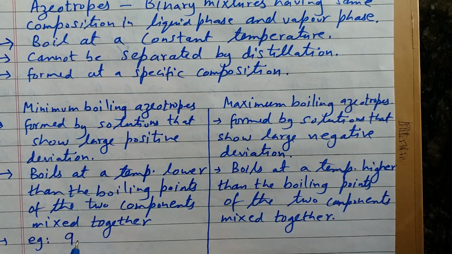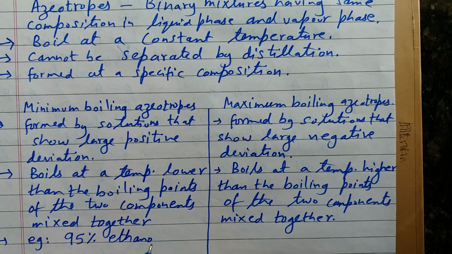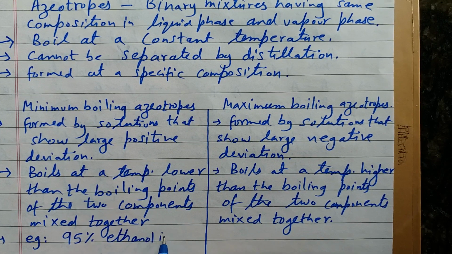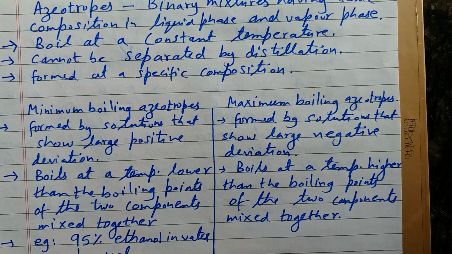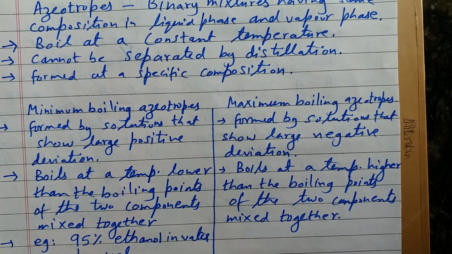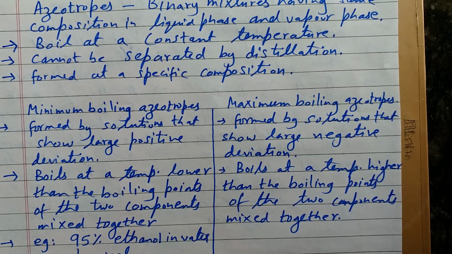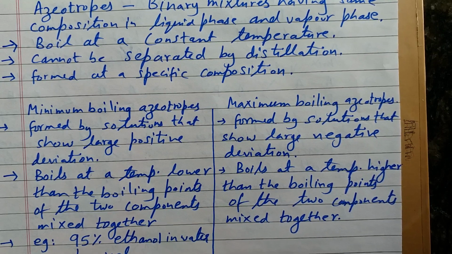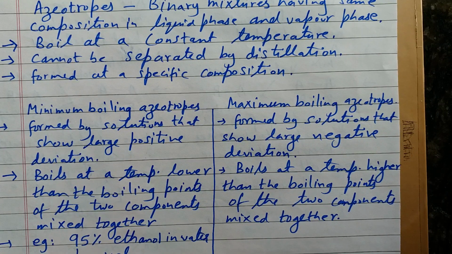The example taken is 95% ethanol in water by volume, which means when there is 95 ml of ethanol mixed with 5 ml of water, then at this particular composition this solution will behave as a minimum boiling azeotrope.